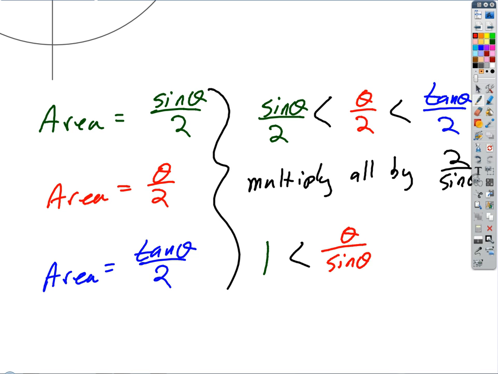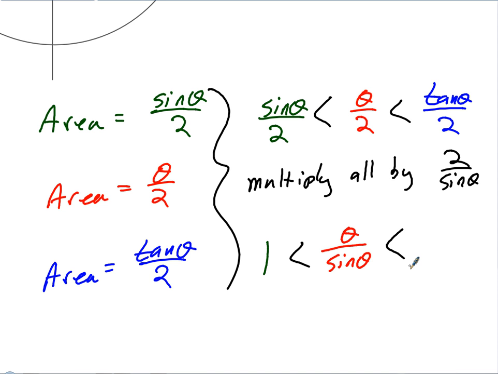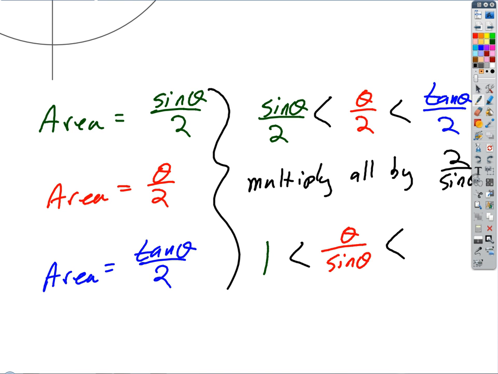Okay, now this last one is a little tricky. Let me write tangent as a ratio: sine theta over cosine theta, right? So if I think of tangent theta as sine theta over cosine theta, and I multiply by 2 over sine theta, what am I going to get? Let's write that one out.